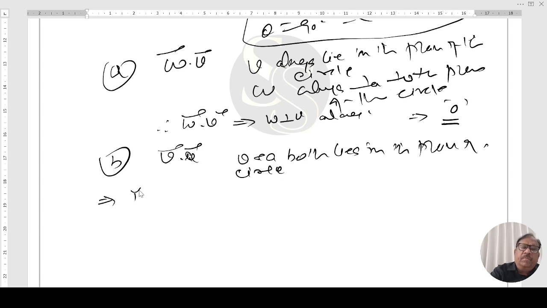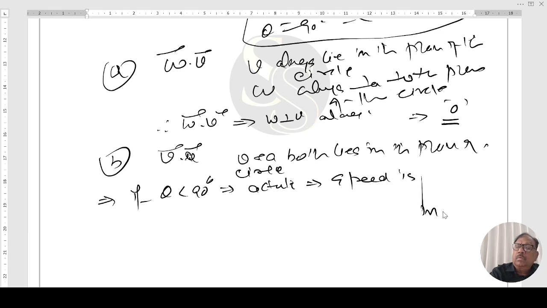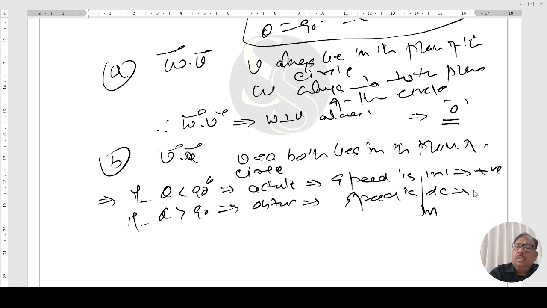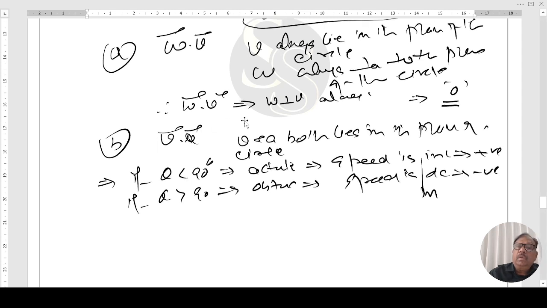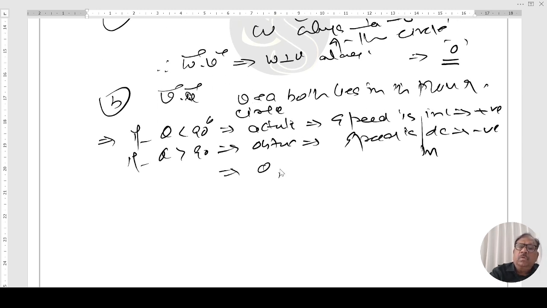Now, if theta is less than 90 degree, that is acute, that is speed is increasing, sign is positive. If theta is greater than 90 degree, obtuse, speed is decreasing, negative. Right? This may have 0, positive or negative sign.